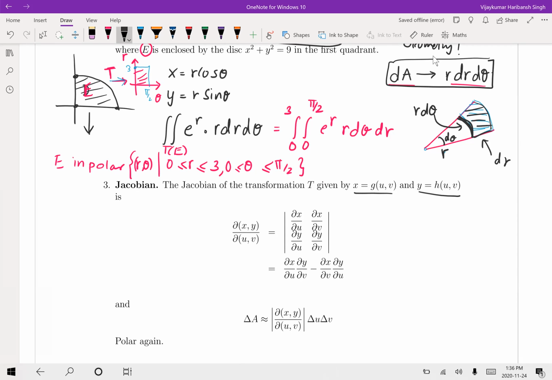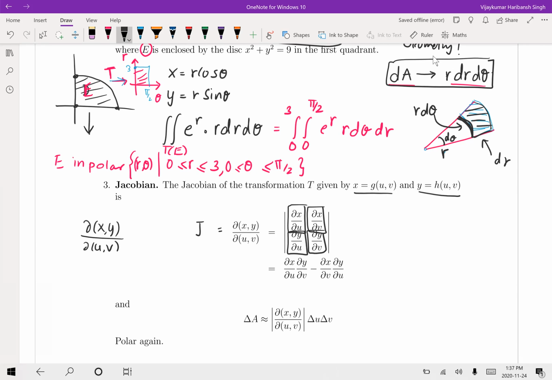So if x is given by g of u comma v, y is given by h of u comma v, then the Jacobian of x, y with respect to u, v, this can be called J, is the partial derivative of x with respect to u, partial derivative of x with respect to v, and partial derivative of y with respect to u, and partial derivative of y with respect to v.